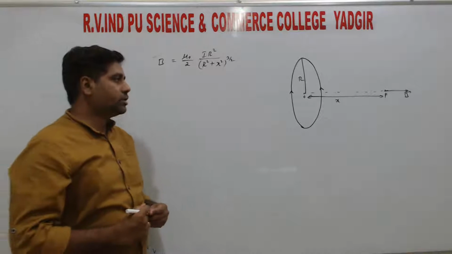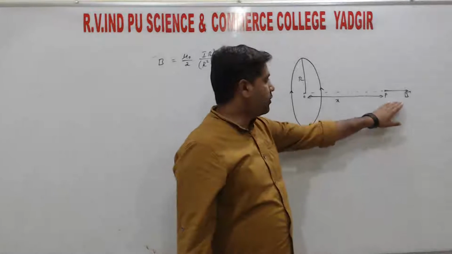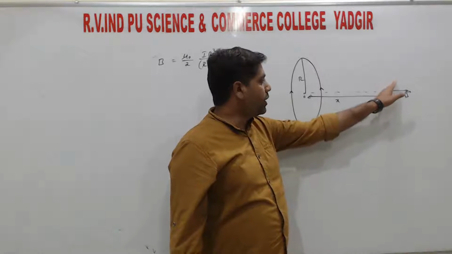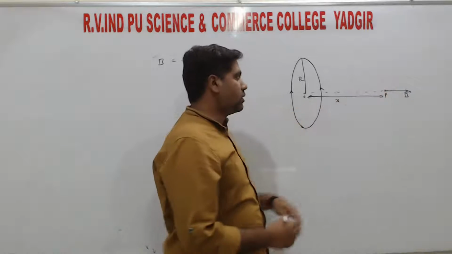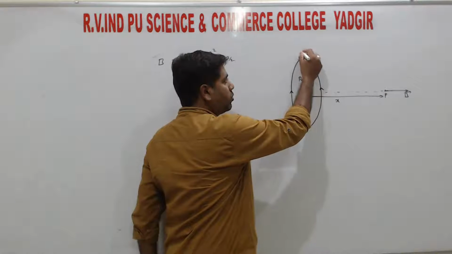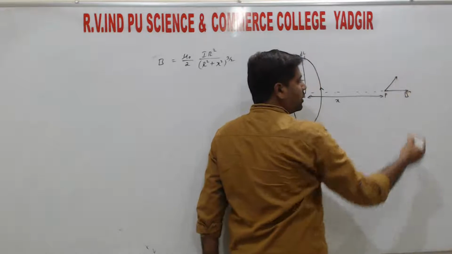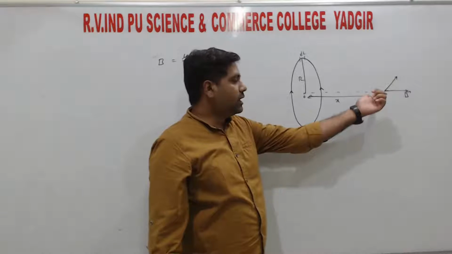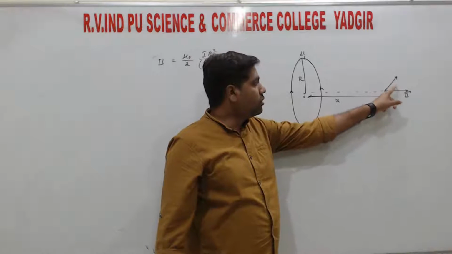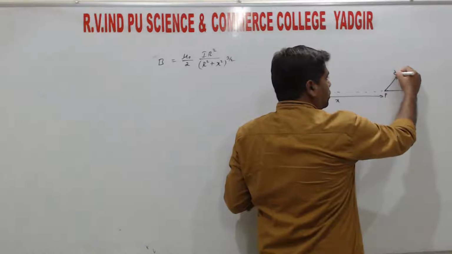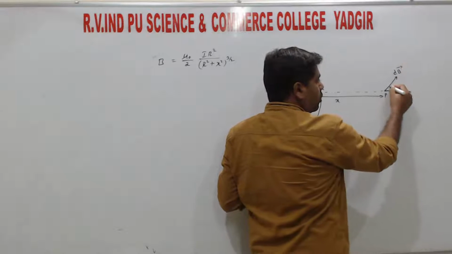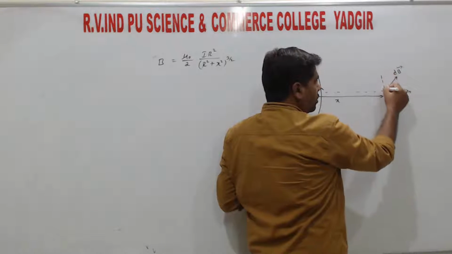In the last derivation, we found the magnetic field. For a small current element, the magnetic field is always perpendicular to the element, going into the board. We resolve the magnetic field into two components, one along horizontal and another along vertical.